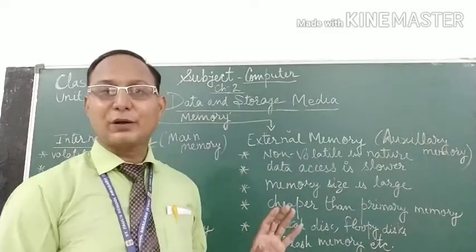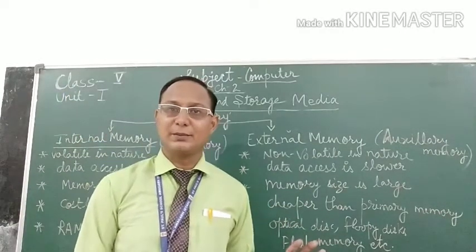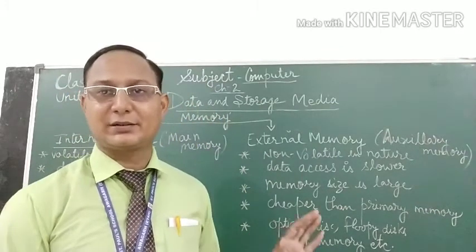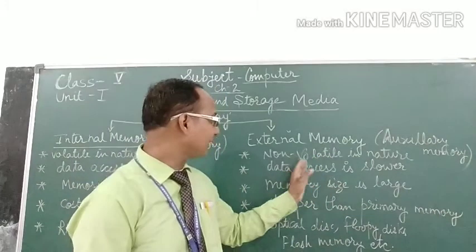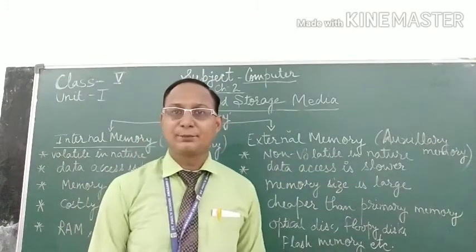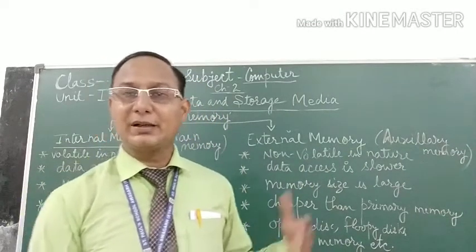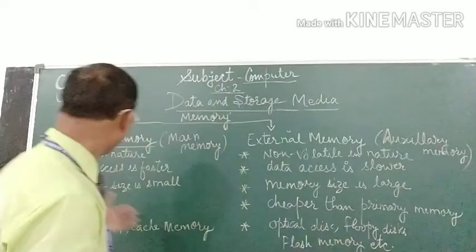It means when the work is complete and your system is off, the data saved in it is totally erased, totally gone. Whereas external memory is non-volatile in nature. Data is permanently saved. It is not erased. We can use the data in future for our further use.